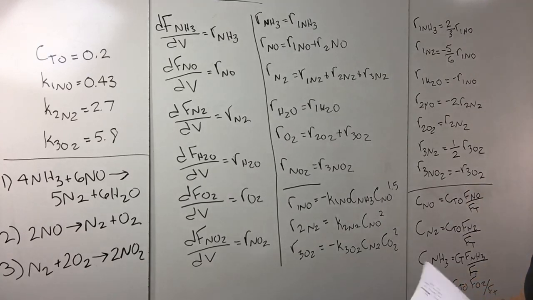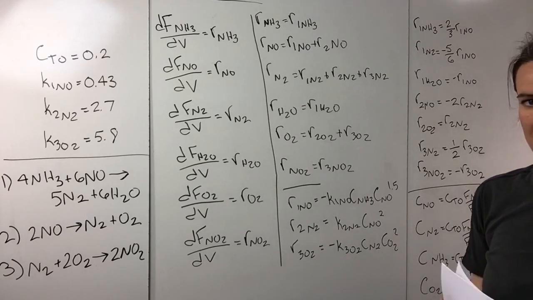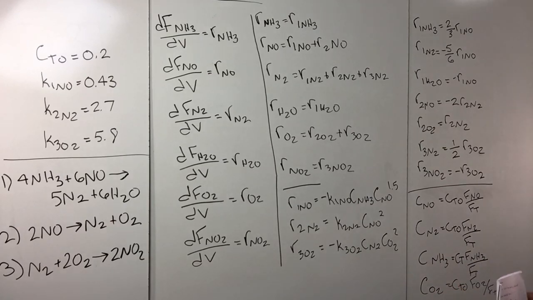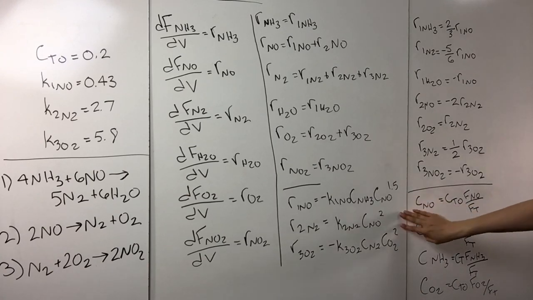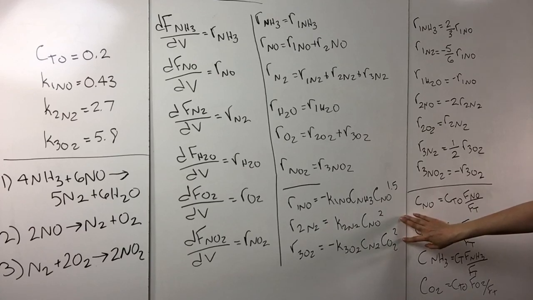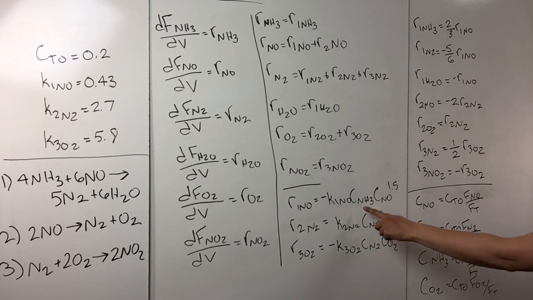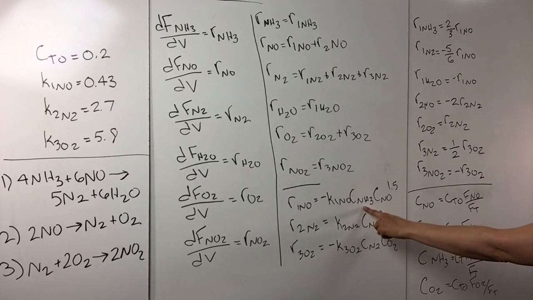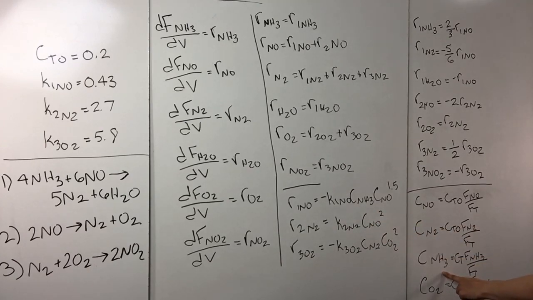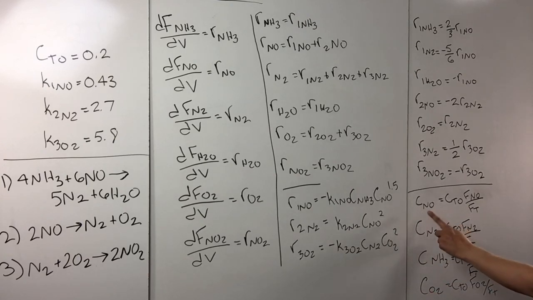I feel like that's a good thing to go through and double check that all your signs are right, because with writing the rates, it's really easy to get the signs messed up. And then we need to write, if we look at the rate laws that we have, because they're all in terms of these three, then we know that we need concentrations for NH3, NO, N2, and CO2.